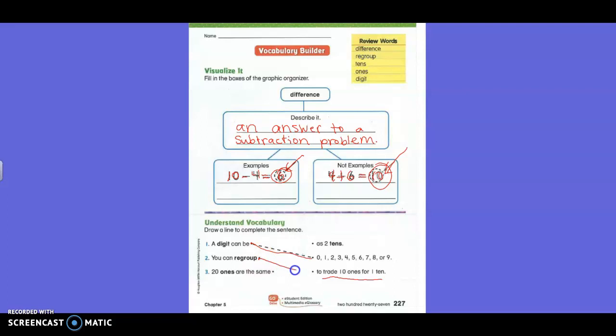Okay? You are trading. Does that make sense? Well, it probably doesn't make sense yet for you, but it will. It'll be when you are trading 20 ones is the same as, we should know this one, right? The only one we have left. 2 tens. Okay.